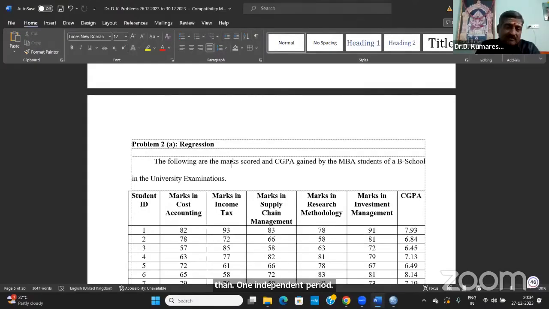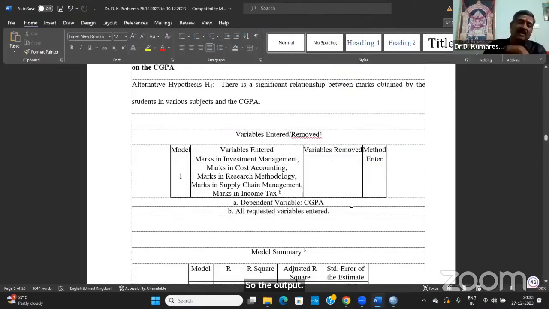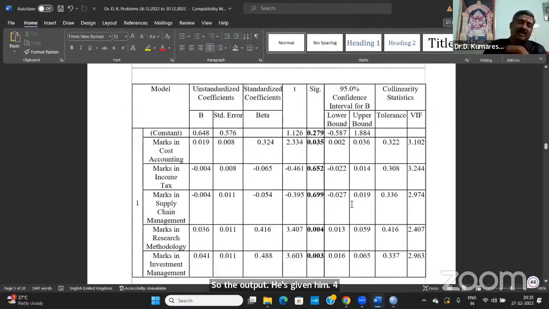Then another point we have to note. The independent variables may either be scale data or ordinal data. The output is given in 4 tables.